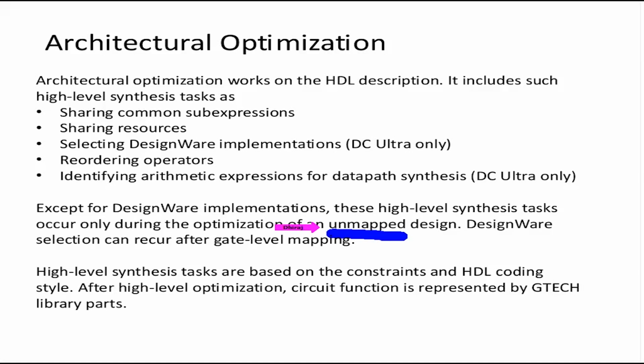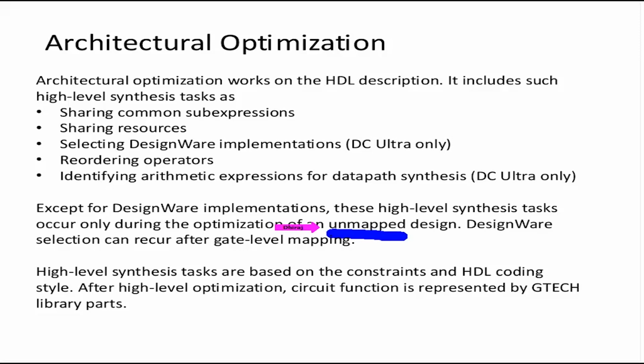A netlist that has already selected the technology library standard cells is called a mapped netlist. So all of these optimizations still work at the unmapped level. However, DC might do some changes to the design implementation even at the gate level stage, even at the mapped netlist stage. Apart from those, all these optimization processes run at the GTech stage.